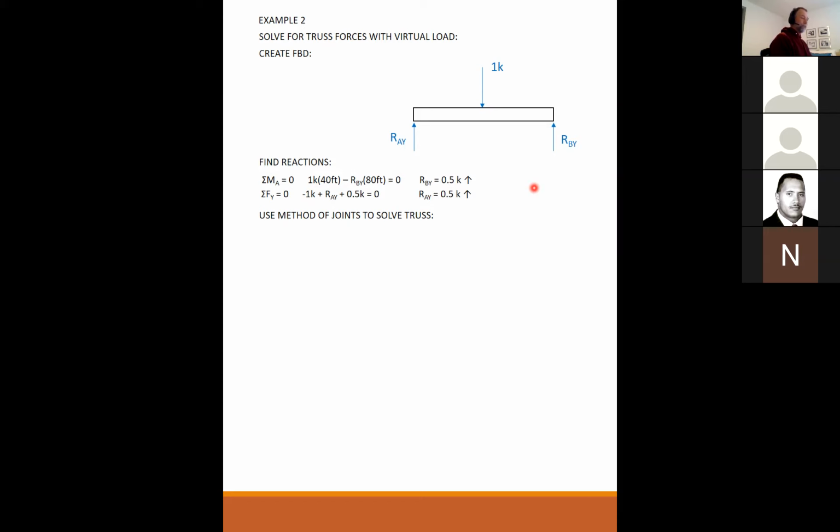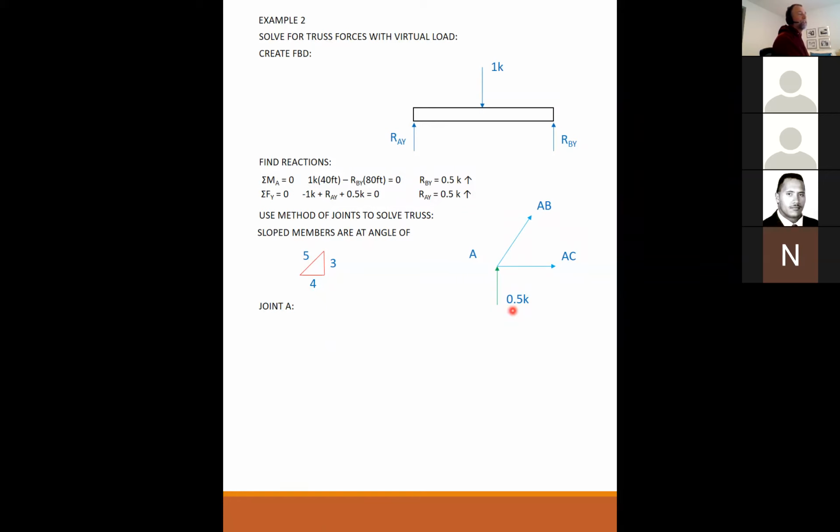Method of joints. So the sloped members, first of all, we'll talk about the sloped members. Because of that 40/15, they are all angled at this 3, 4, 5 triangle relationship. So you start with one joint. Usually you start at a joint where you know something about it, and then you solve for the unknowns.